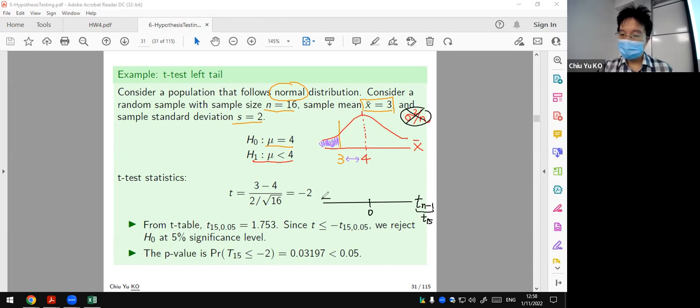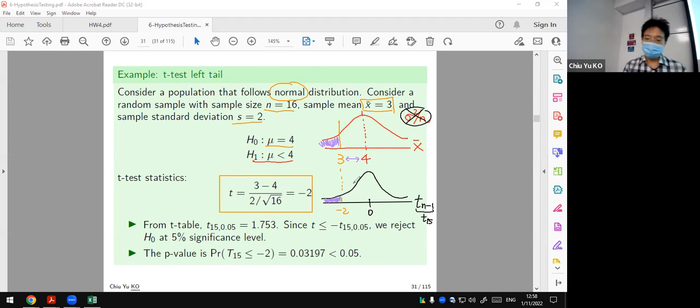Once we draw this, this 3 turns out to be -2. How do you get that? It's coming from this one: subtract 4, the same operation, but you replace sigma by s. So just minus this and over this. Once you transform it, this is the same area. So that's why it's okay to look at T15 instead of the bell. Is that clear what we are doing?